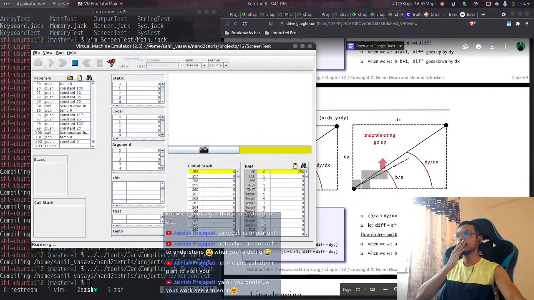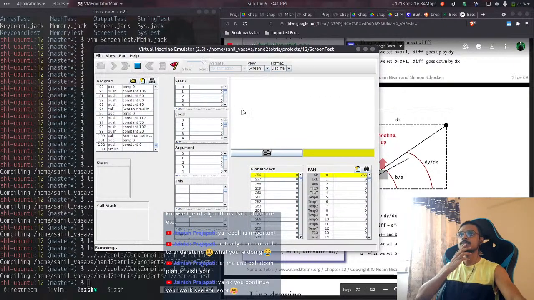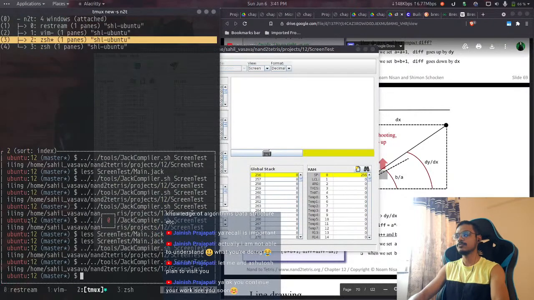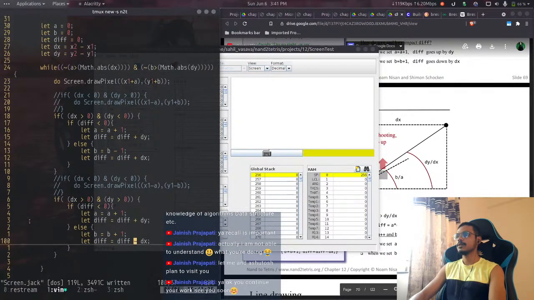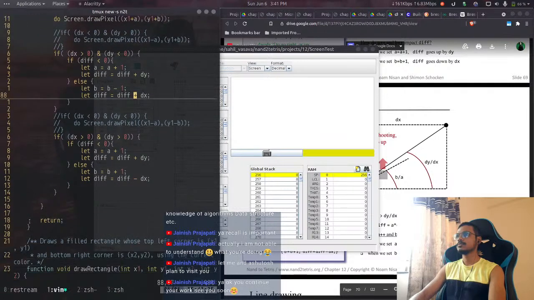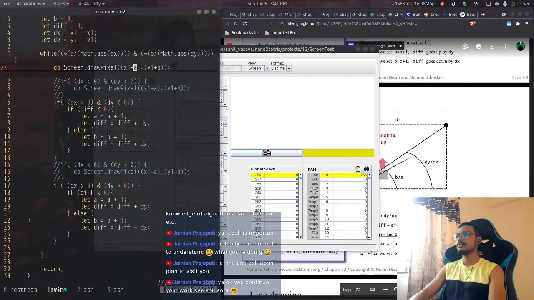Wait, what happened? In this case we are not getting any output. What happened? Holy shit, we messed up. Where did we mess up? It should do something at least, right?